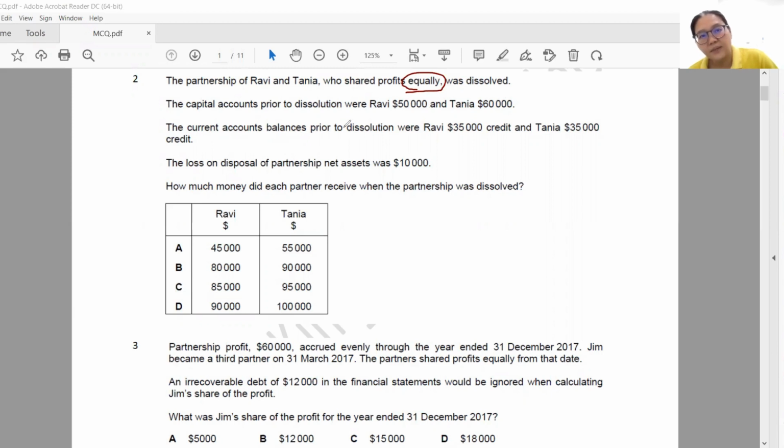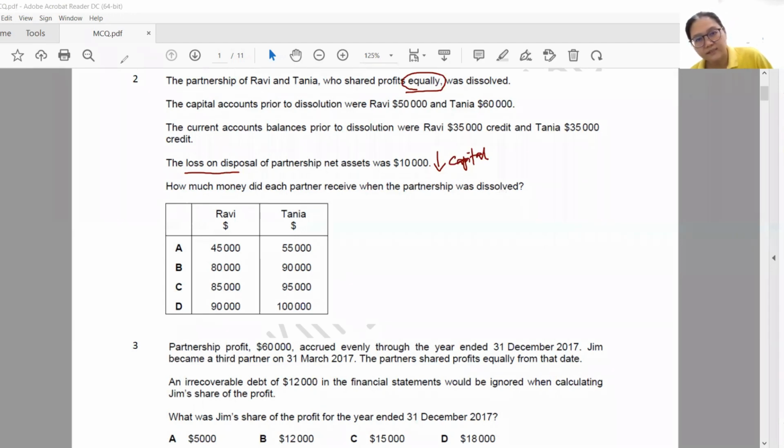The current account balances prior to dissolution were Ravi 35,000, Tanya also 35,000. The loss on the disposal of partnership net assets is a loss, which will reduce the capital. How much money did each partner receive when the partnership was dissolved?